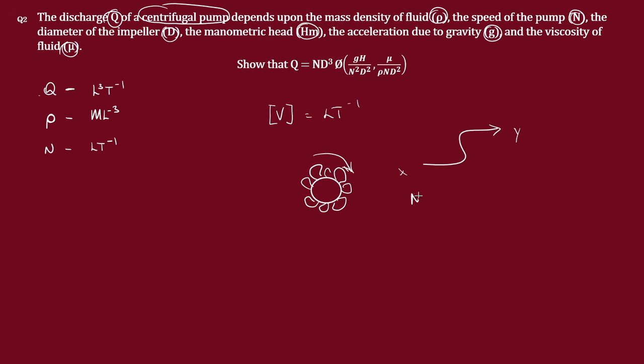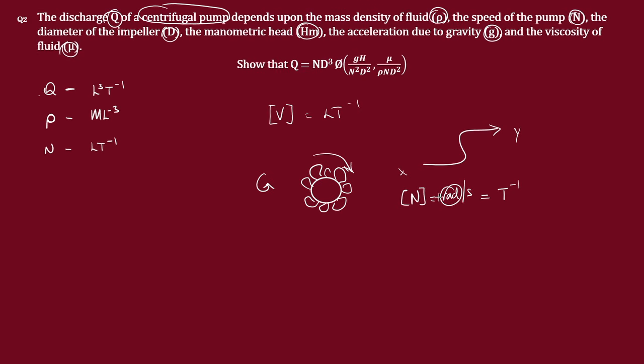So N is going to be an angular speed, and the dimension of this is going to be radians per second, since we're dealing with rotation, okay? And radians, angles are a dimensionless quantity. So this is going to end up being t to the minus 1, since there are no dimensions for degrees or angles, okay? Angles are dimensionless quantities too.